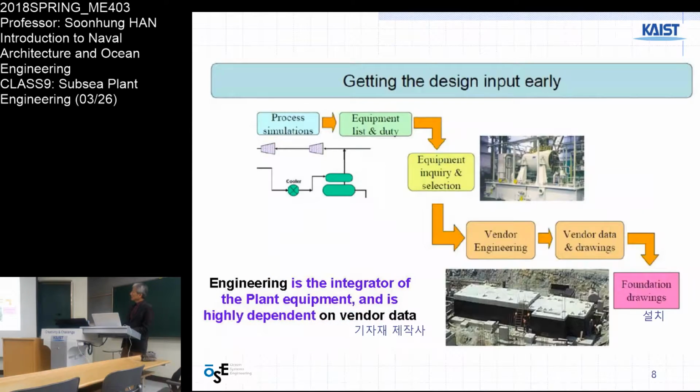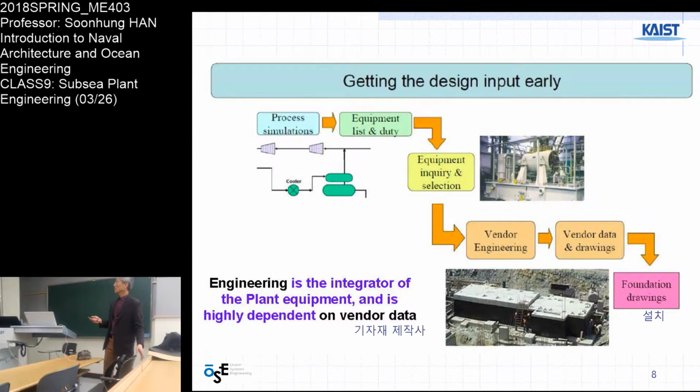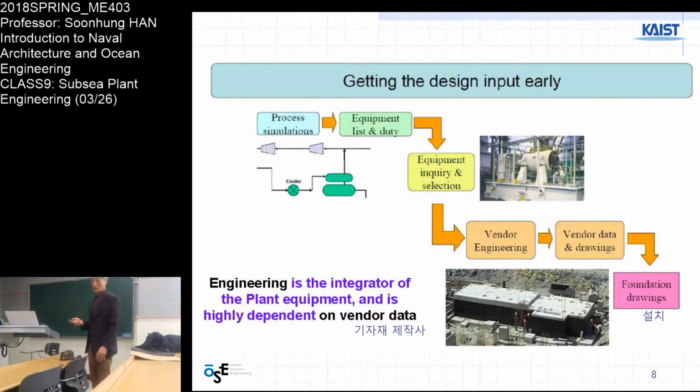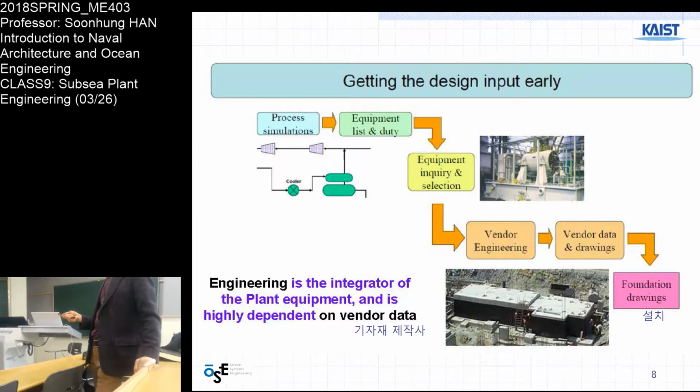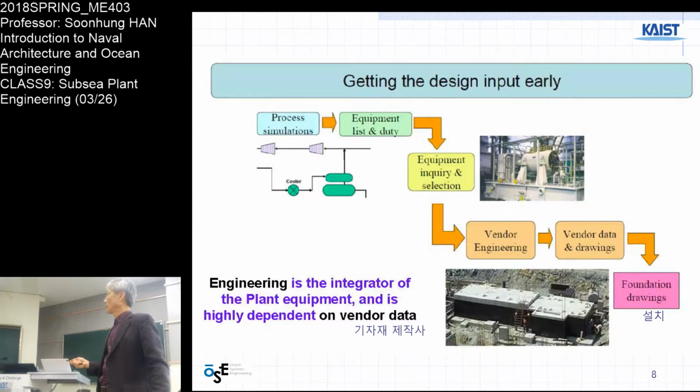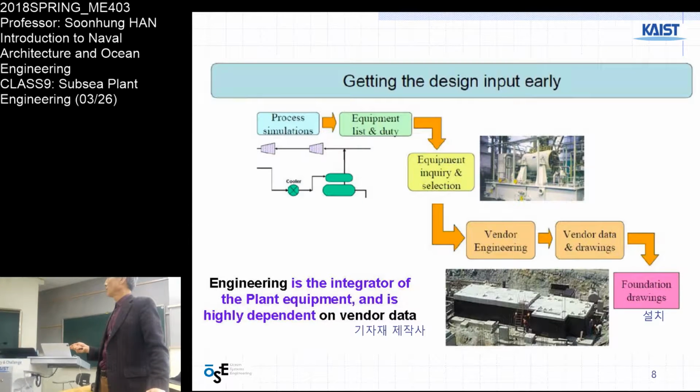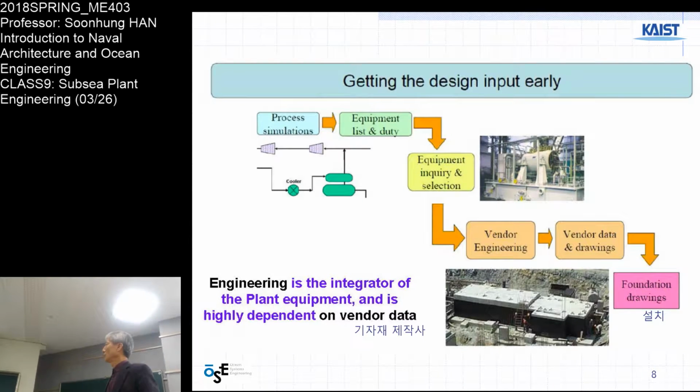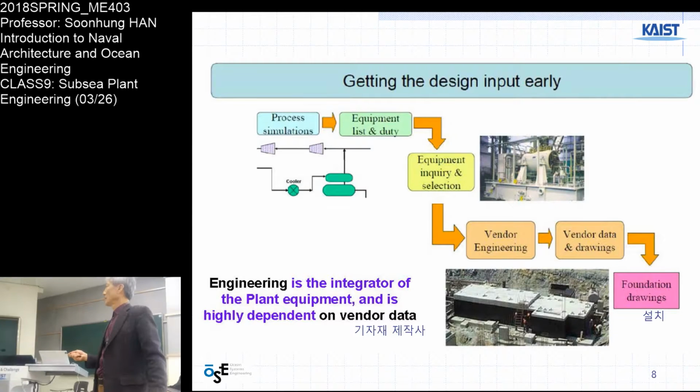Right, so getting the design input early before finishing up. So the process is chemical process simulation. This is for gas and oil plants. And then we can arrive at equipment: which pump, which valve, or which compressor, cooler, boiler, and then we can purchase.